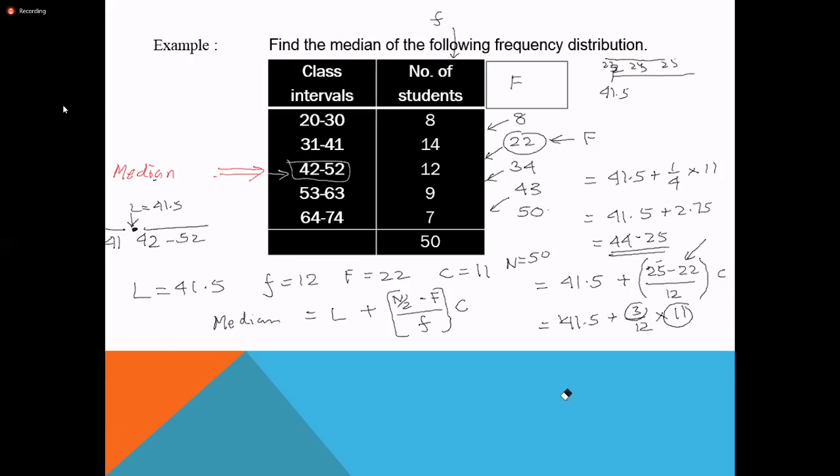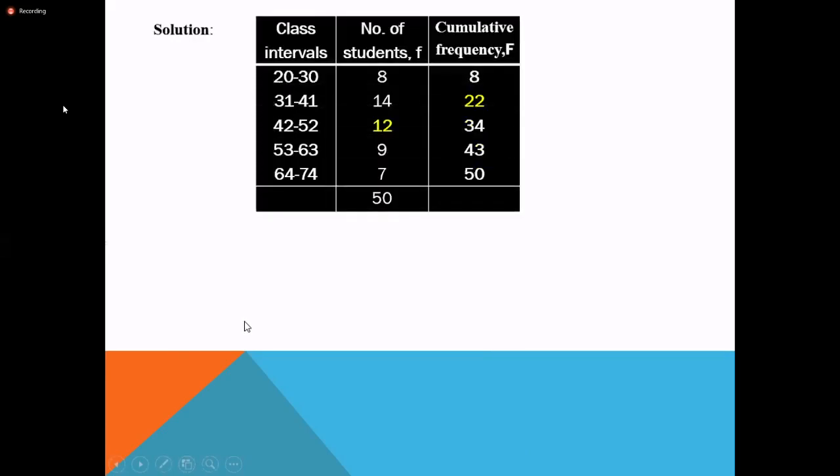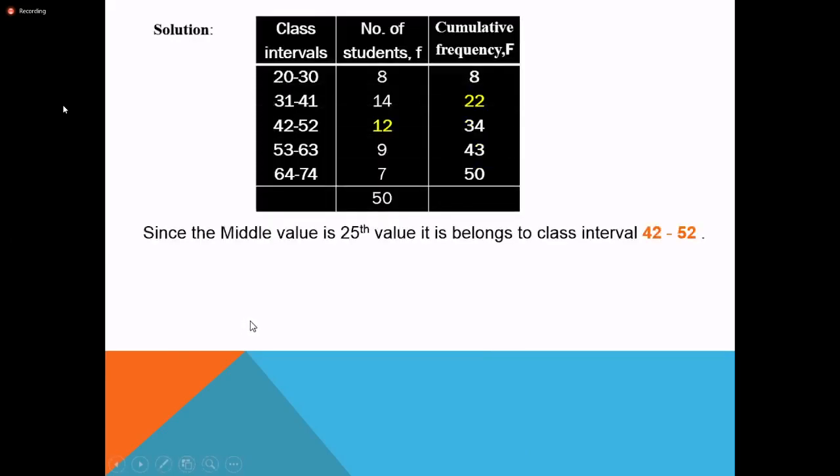So that is how to calculate the median of a frequency distribution. Since the middle value is the 25th value, it belongs to the class interval 42-52. After you detect the class interval, you can obtain the values: L is 41.5, simple F is 12.